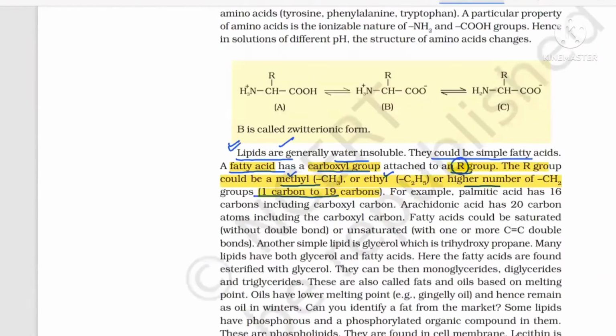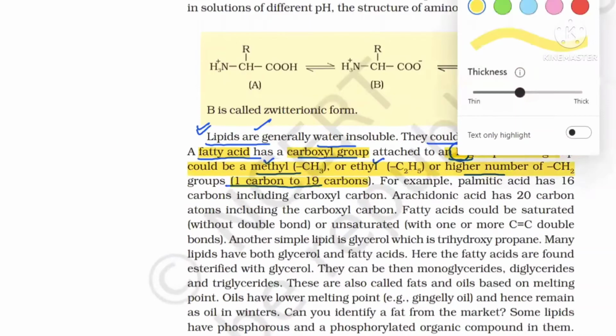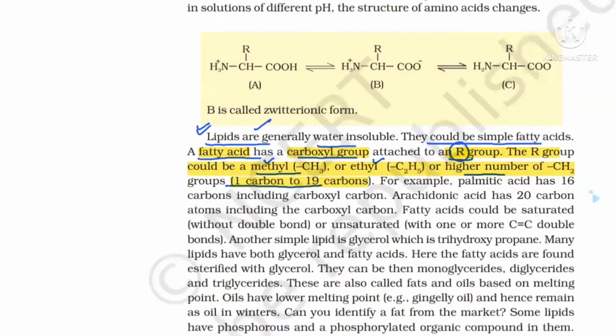Now see this in the NCERT, beta. Fatty acids are found esterified with glycerol. The bond is known as an ester bond. If 1 fatty acid is attached, we say monoglyceride.